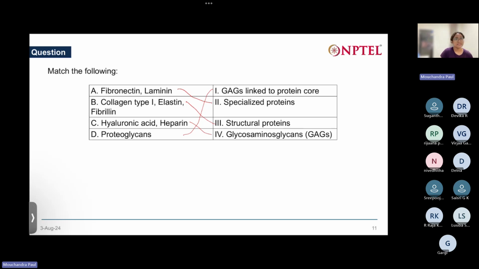So GAGs help in giving the ECM a fluidic nature. It makes the ECM gel-like, so that it can absorb a large amount of water. And we try to mimic that property of ECM using hydrogels so that it can hold a large amount of water.